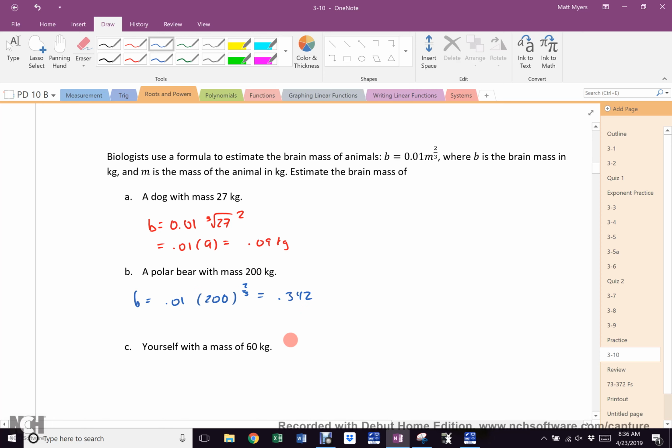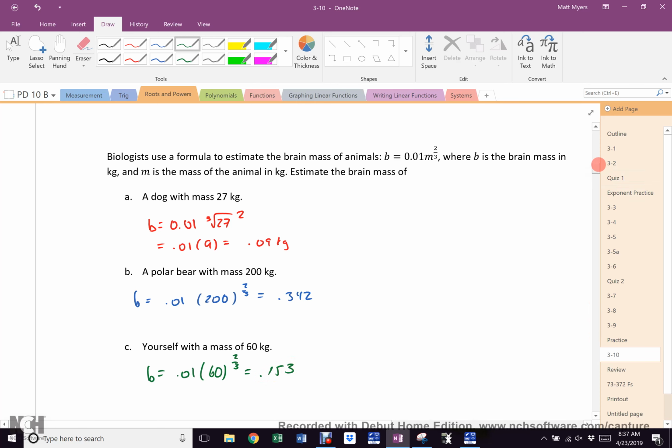Yeah? And the last one. Are we going to put it in radical form? Yes or no? No, why not? Because it's not a perfect cube. What do we get for that? 0.153.